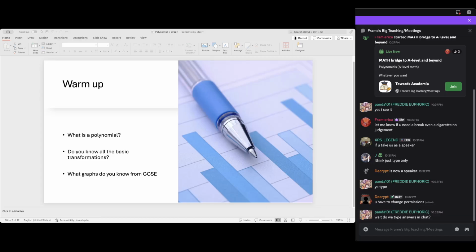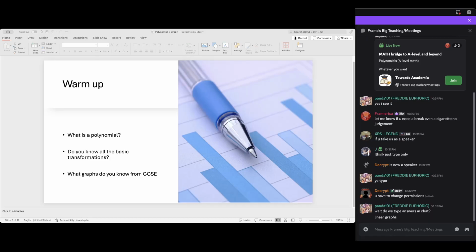Yeah, type answers in the chat, while we're figuring out how to change the permissions. Linear graphs.